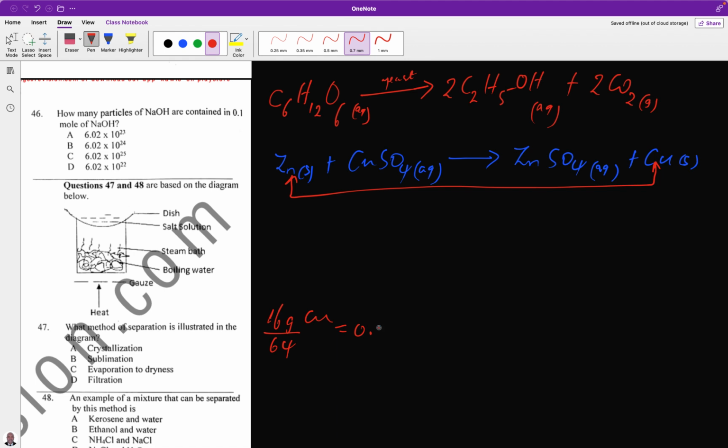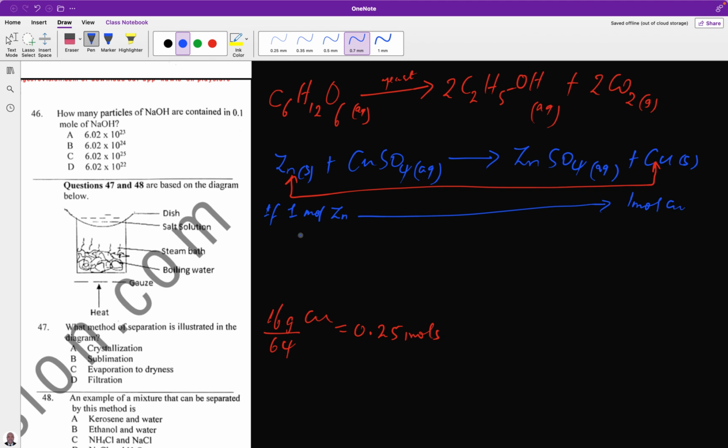If 1 mole of zinc from the equation can give us 1 mole of copper, then how many moles of zinc will give how many grams?